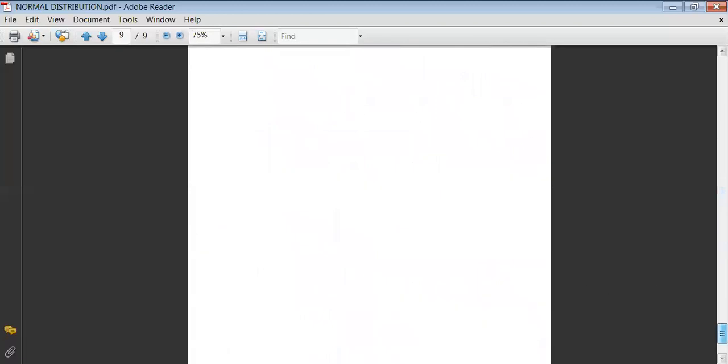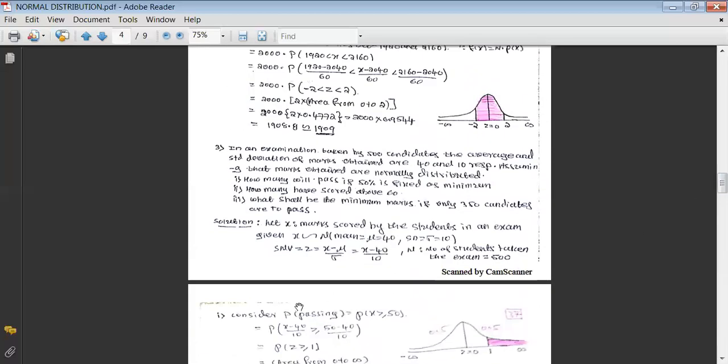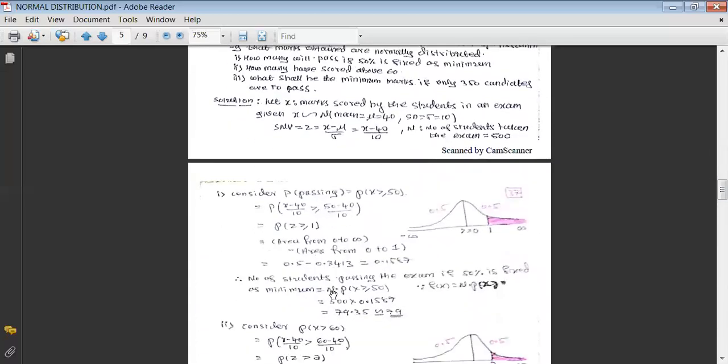Referring to the table, the area from 0 to 1 is 0.3413. So 0.5 minus 0.3413 is 0.1587. This is the probability that the student passes if 50% is fixed as the minimum.